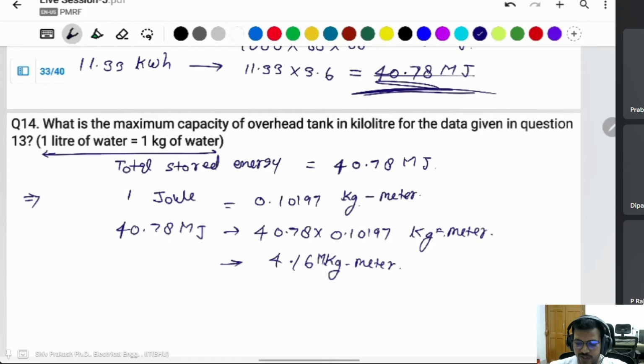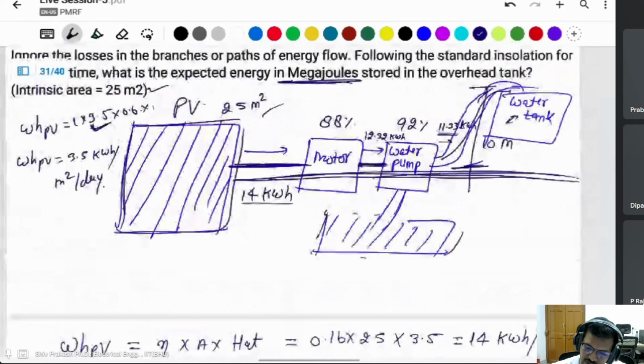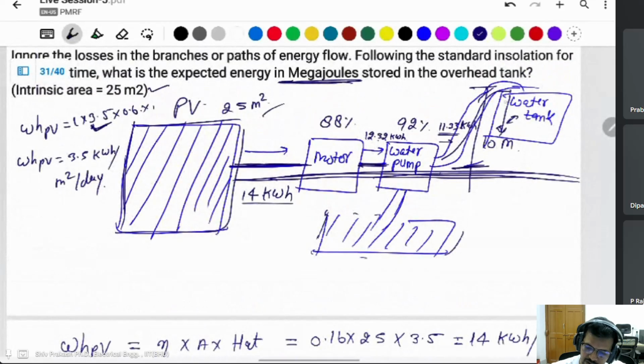Mega means 10 to the power 6, and the head is also given as 10 meter. The height of the tank is given, 10 meter.